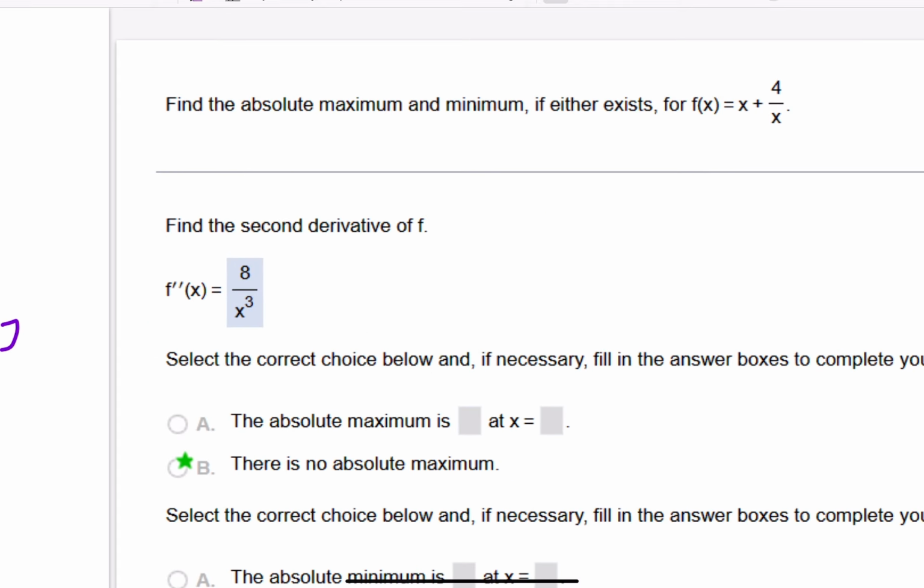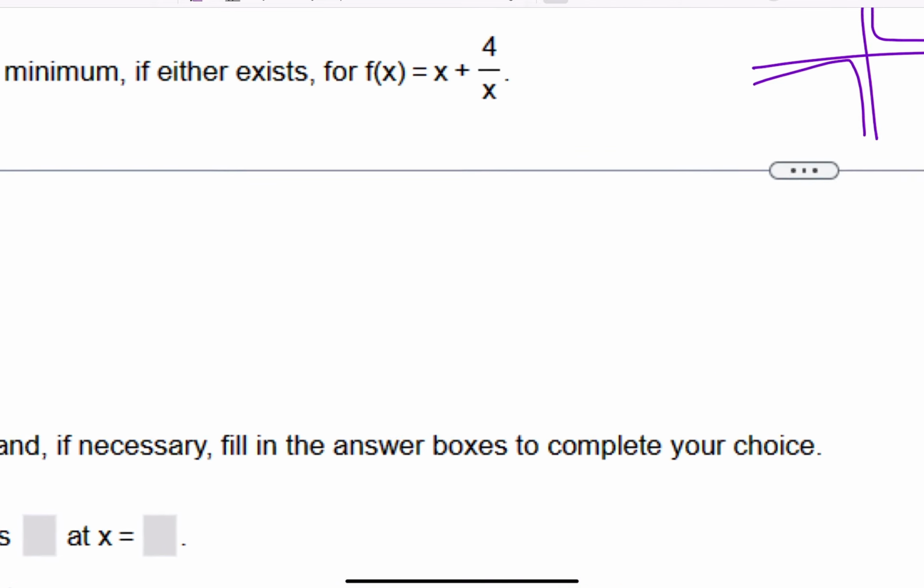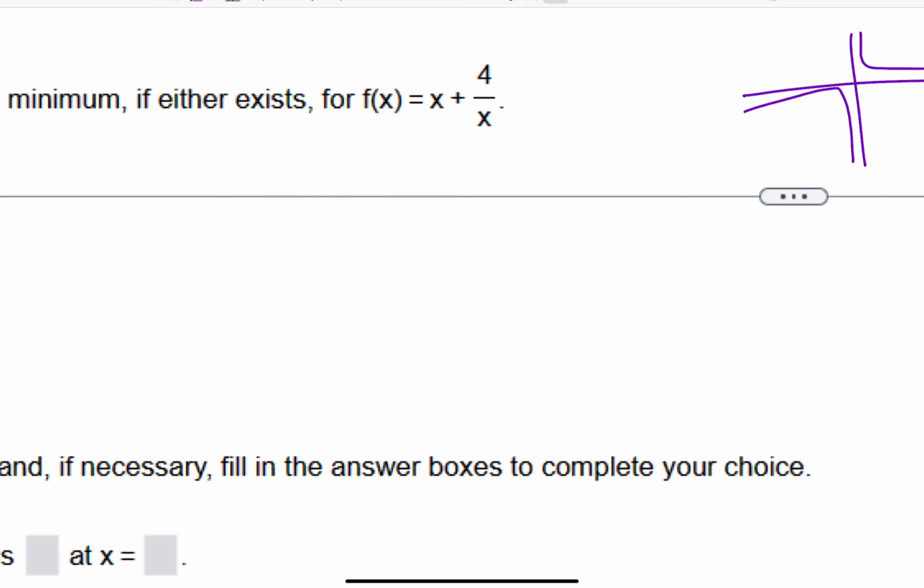All right, so here they're asking us to find the second derivative. Let's start with the first derivative. I have the function f of x equal to x plus 4x to the negative 1. I like to use the product rule more than the quotient rule, because I kind of get confused about which one I'm multiplying.